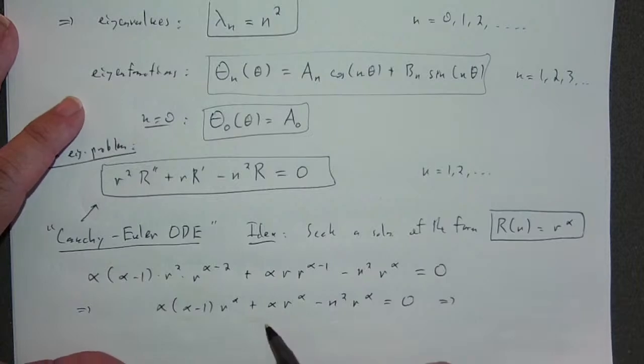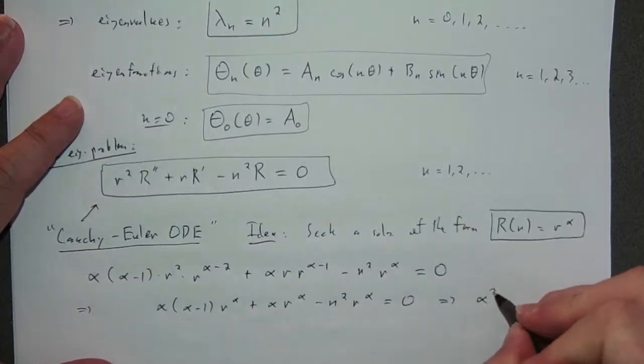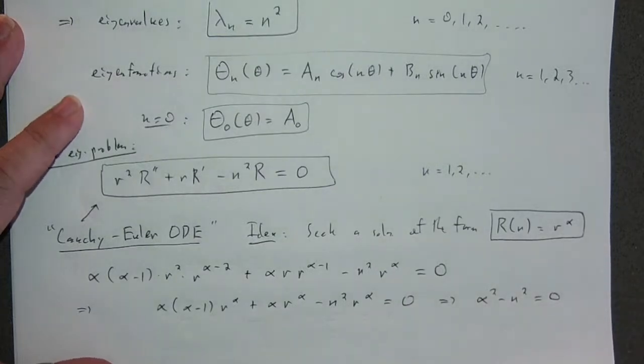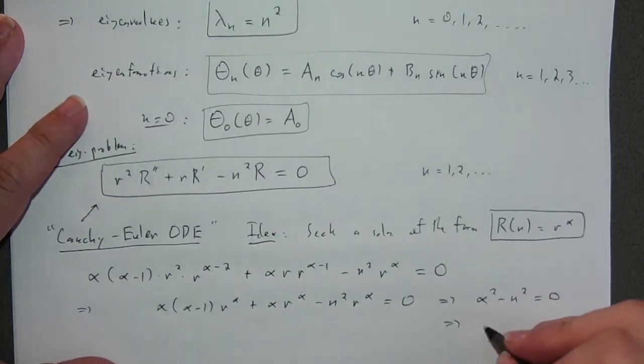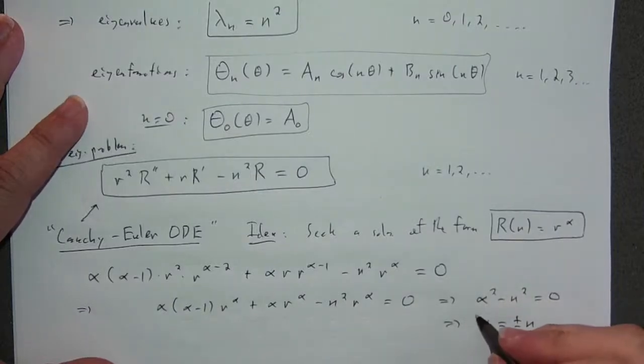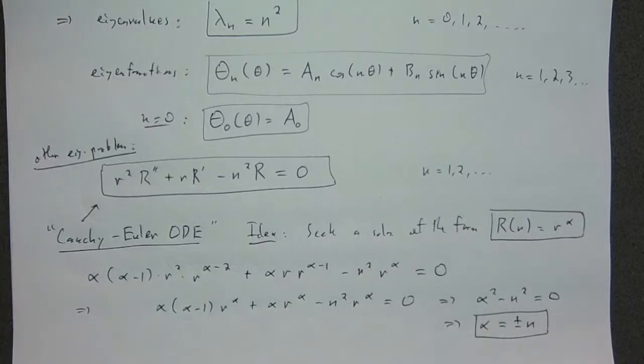What I'm left with is alpha squared minus n squared has to be equal to 0, which means, of course, alpha is plus or minus n. Those are my options.